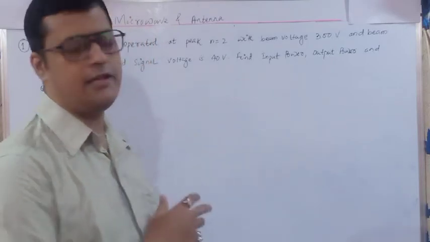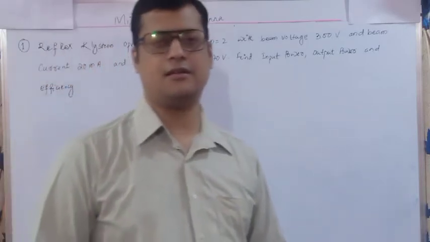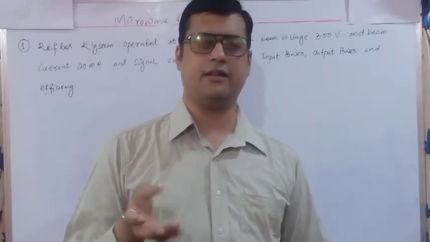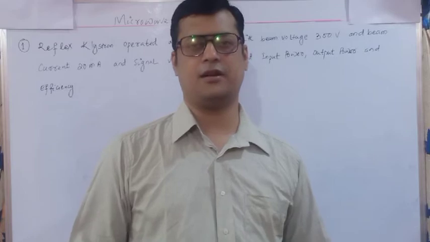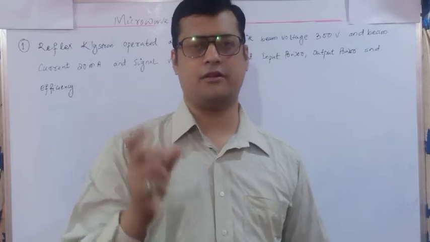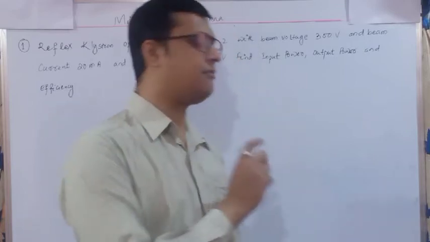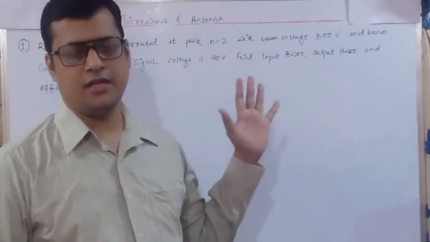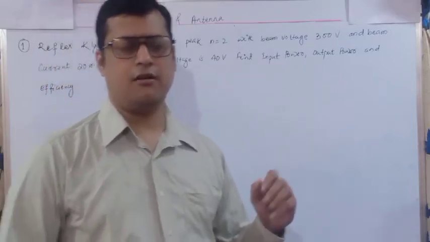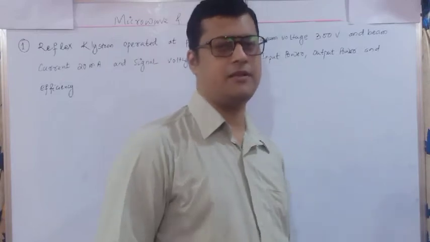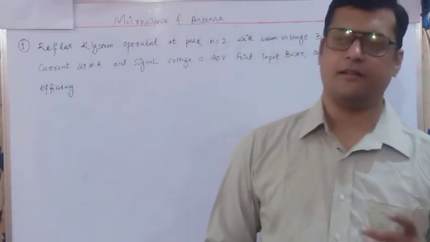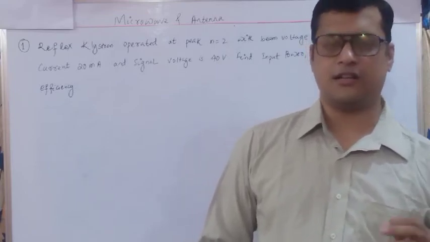Whatever derivation we discussed in the last class, according to that I have framed a few questions which will help you understand how those formulas are utilized when these sorts of questions are asked. It is all about velocity modulation, output power measurement, input power measurement, efficiency, and velocity modulation, transit time.